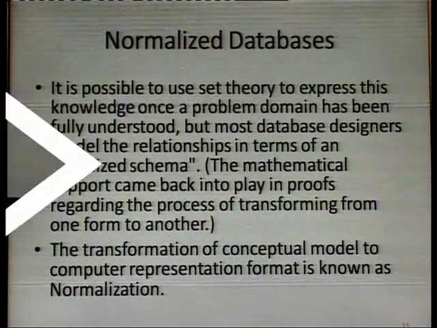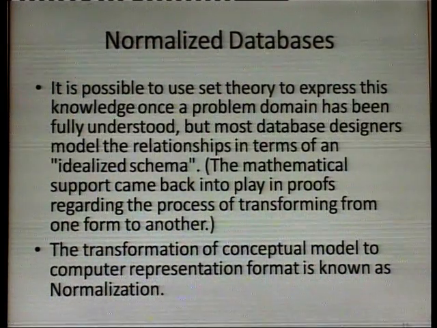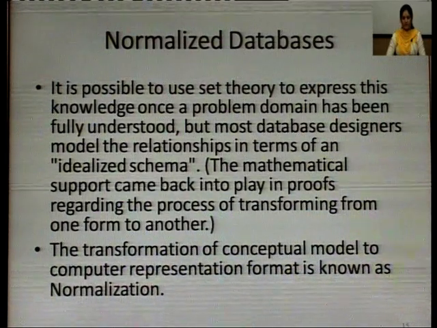Moreover, it is possible to use set theory to express this knowledge once a problem domain has been fully understood. But most database designers model the relationship in terms of an idealized schema. What is schema? Schema is basically the overall design of your database.